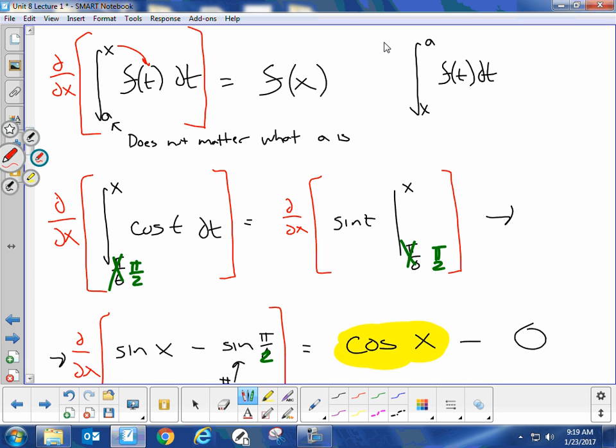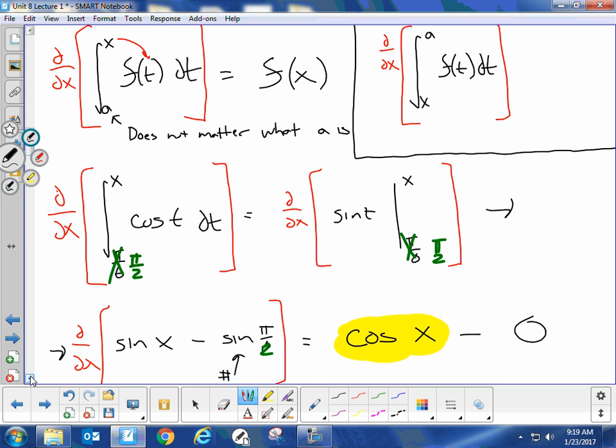Now, here's a little challenge, a little sidebar. What if I flip-flop things and I went from x to a? Mr. Urban, why do you say it's going to be negative? Right? Yes. Backwards.